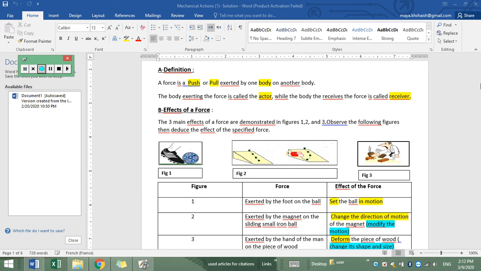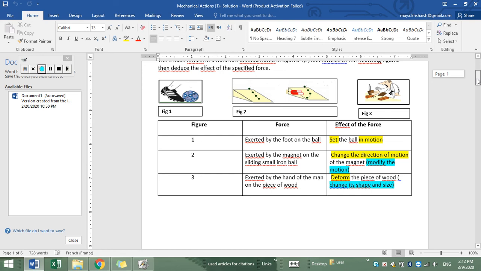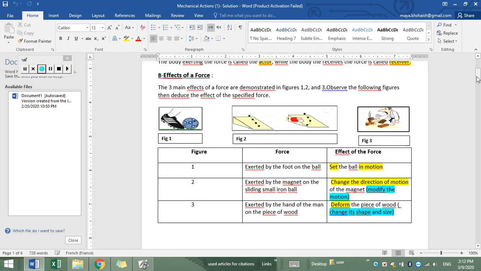Now for the effect of the force. Sometimes we exert a force and we notice its effects. Other times the effects are not recognized. Let's take the first example shown in figure 1. As you can see in figure 1, the same example that I mentioned above, it is kicking the ball.